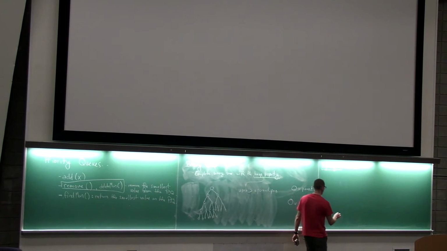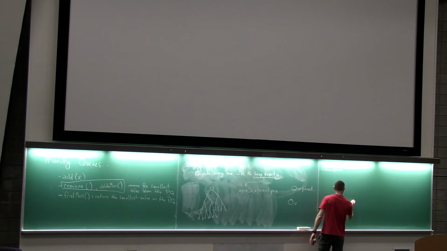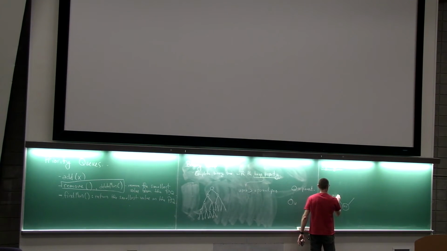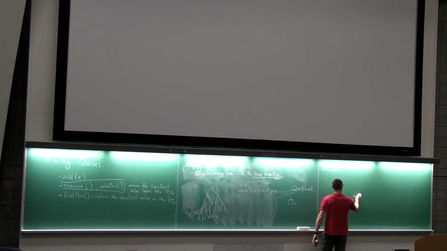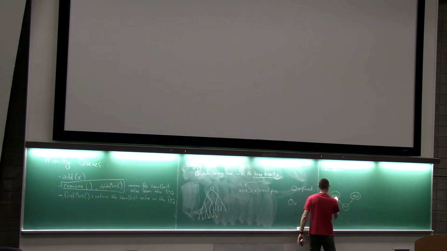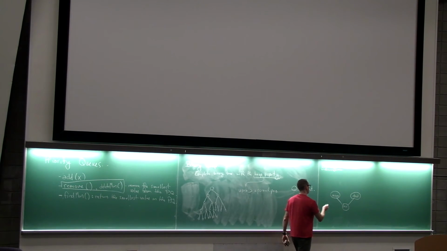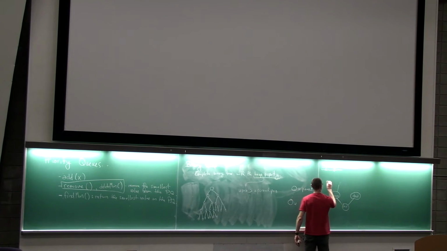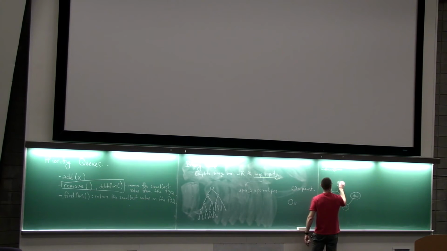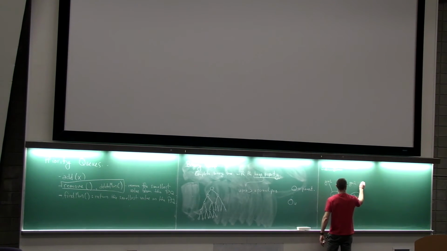So these were things that start at me, and then you can look up at my mom and my dad, and then 2 levels would be grandmom 1, granddad 1, grandmom 2, granddad 2.